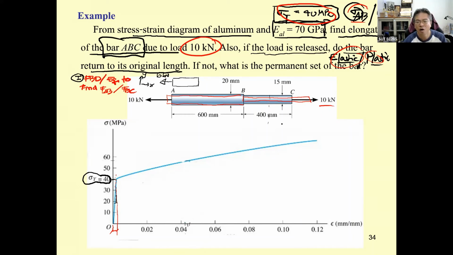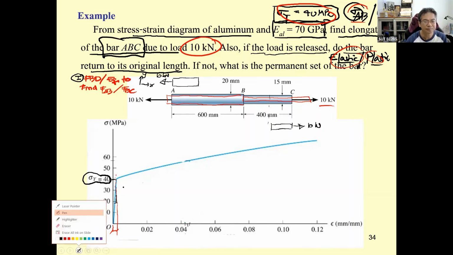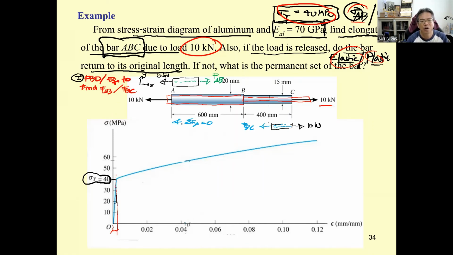Over here, you may draw another free body diagram, also subjected to 10 kilonewton, and this is the axial force. It will produce F sub AB, and for this one you may set the axial force as F sub BC.